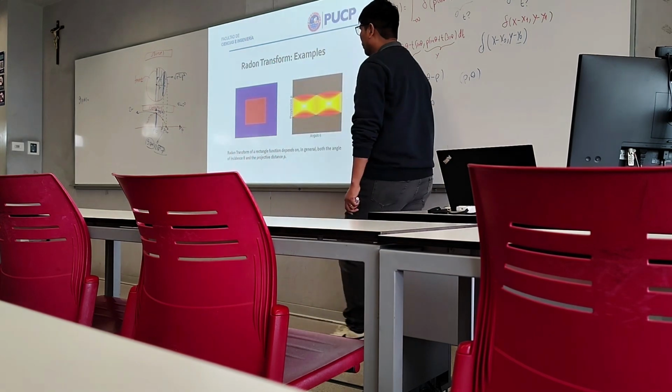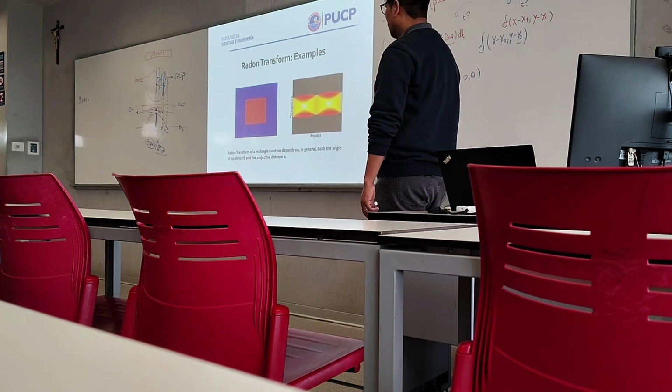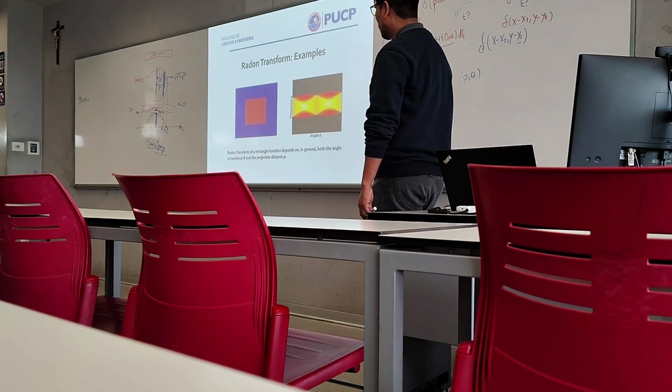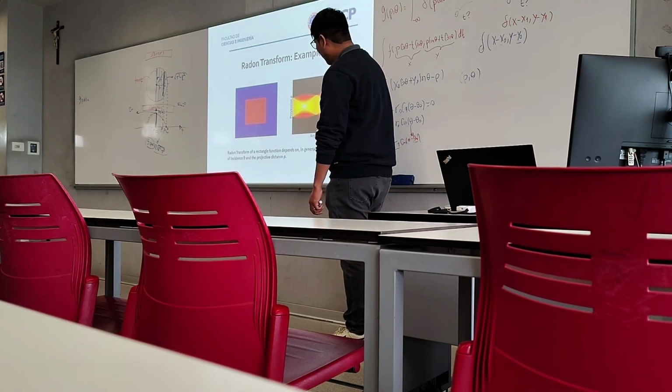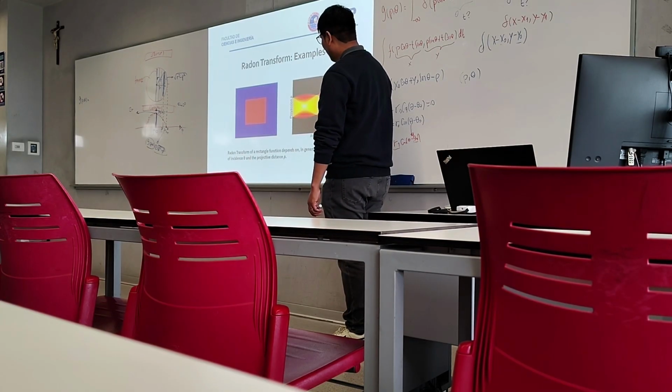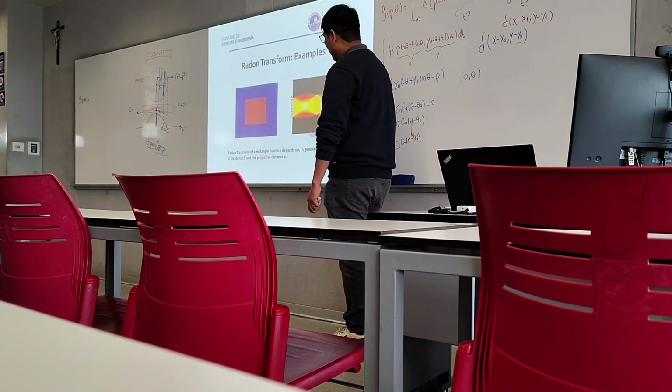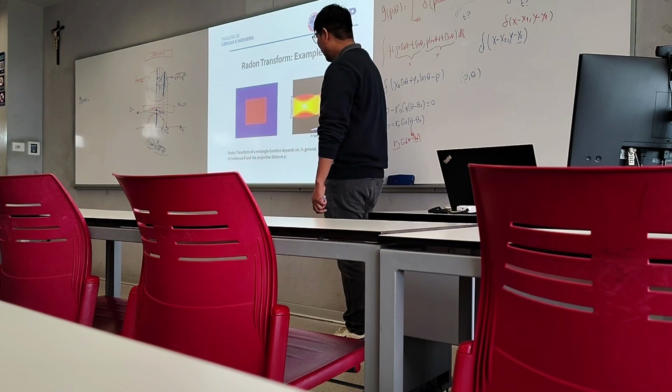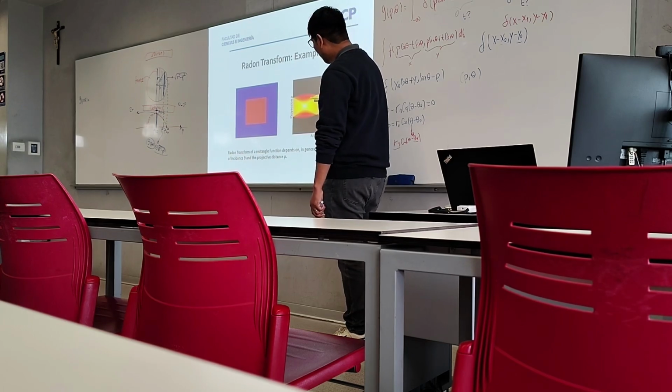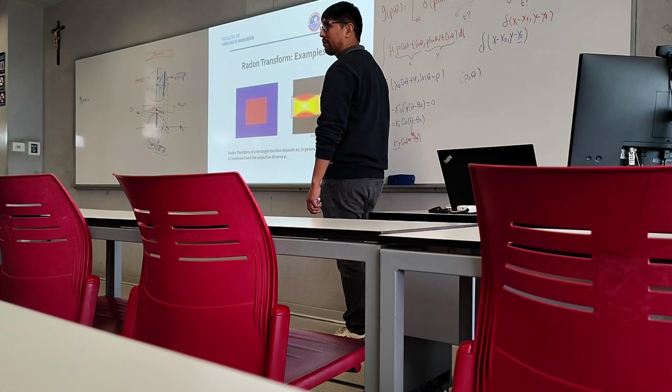And if we try for different angles, you will see that the function looks like this. In this case, the projection depends on the angle, right? It's not the same at 0 degrees as at 45 degrees.